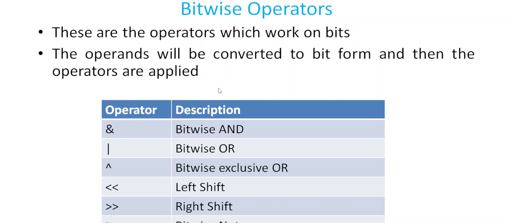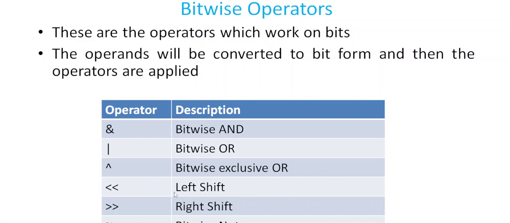That means 10 or 01, both will result in 1. Exclusive OR of 11 is nothing but 0. Exclusive OR of 0 and 0 is 0. So if bits differ, the value is 1, otherwise the value is 0.